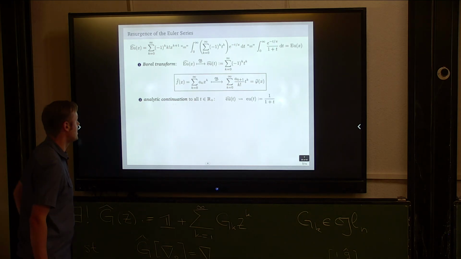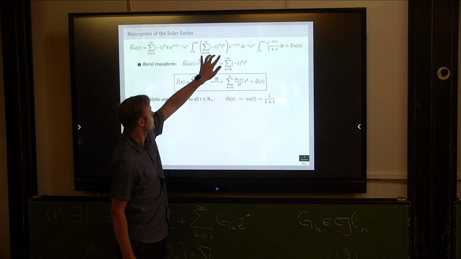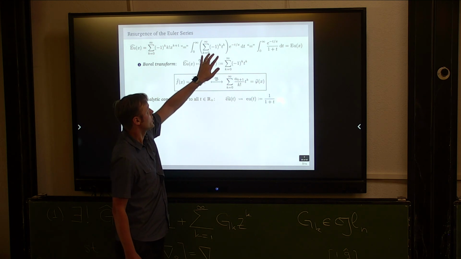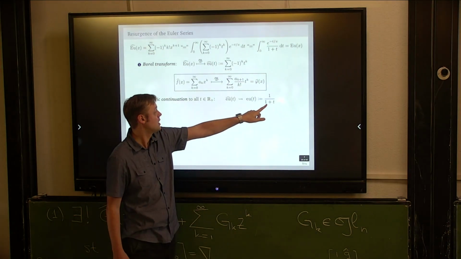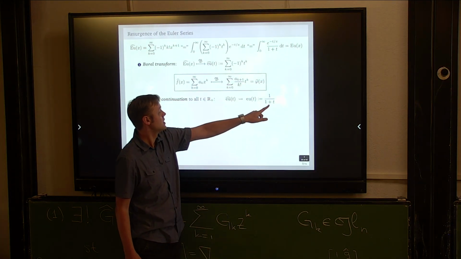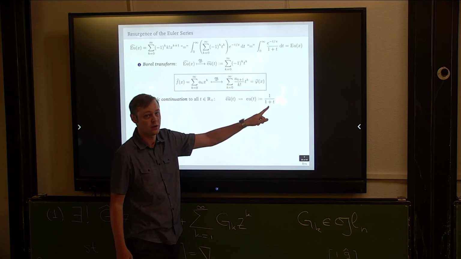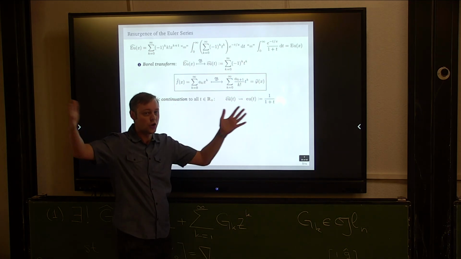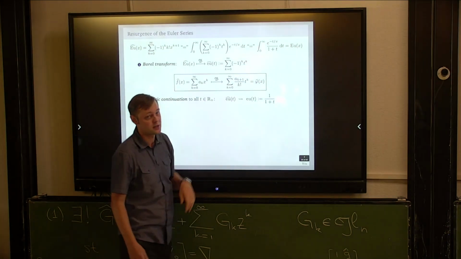The second step was the tricky one. We recognized that this convergent power series actually converges to a nice-looking analytic function, which was 1 over 1 plus t. And the significance of that was that this analytic function, 1 over 1 plus t, has a domain of definition that exceeds far beyond the radius of convergence of this power series.